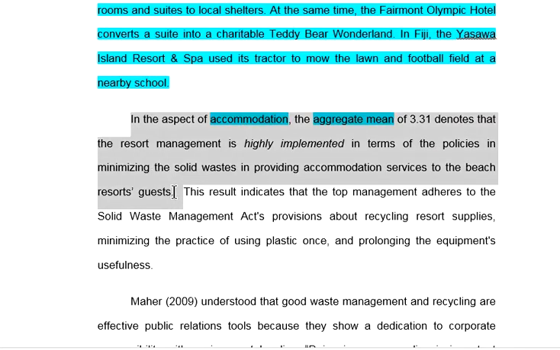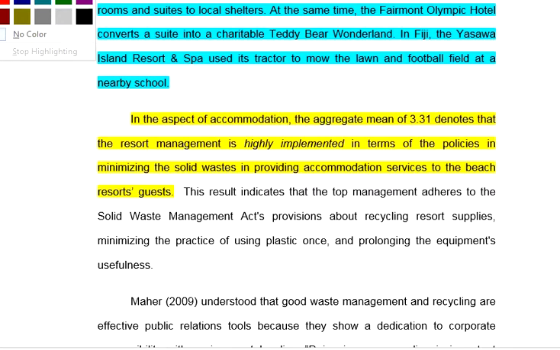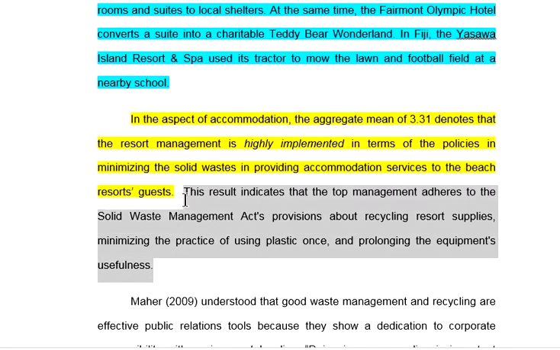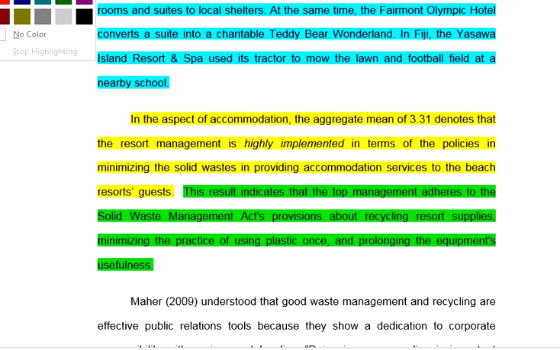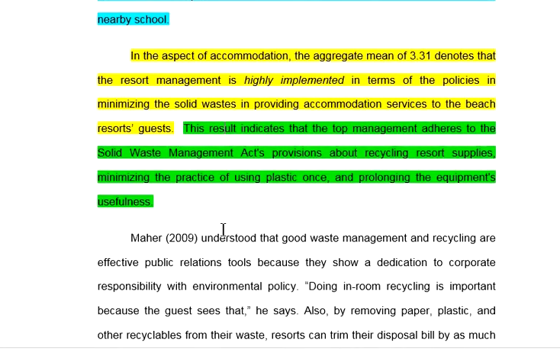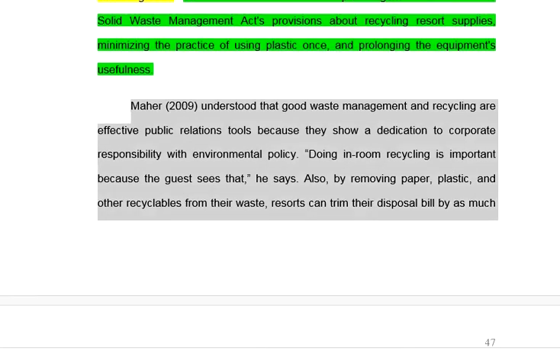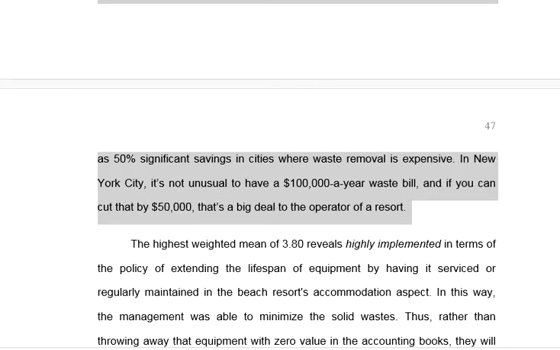There is a presentation of the data using a paragraph form, and then there is an interpretation of the data. After the presentation of the data, you will back it up with a citation.